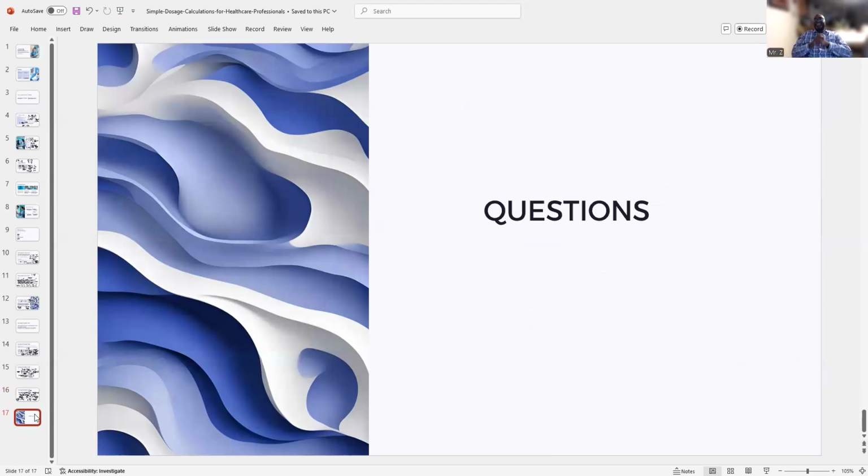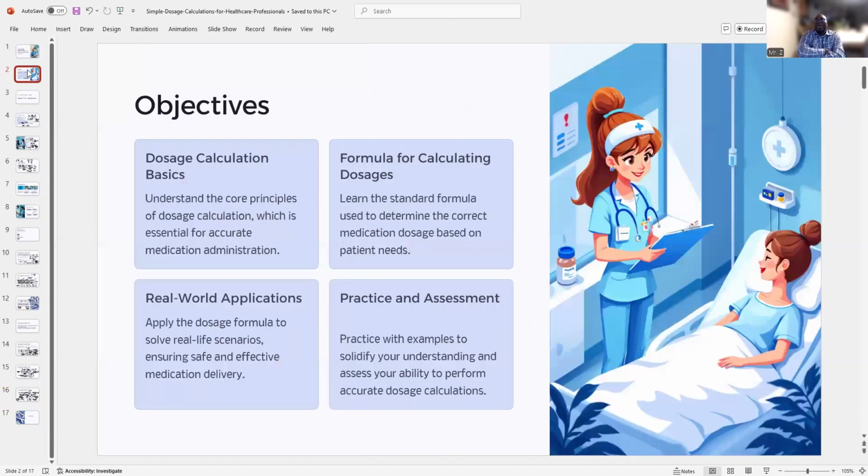I'm so happy because we were here in the beginning. I said today's goal was that at the end, you will understand the basic principle of dosage calculation, which is essential for accurate medication administration.